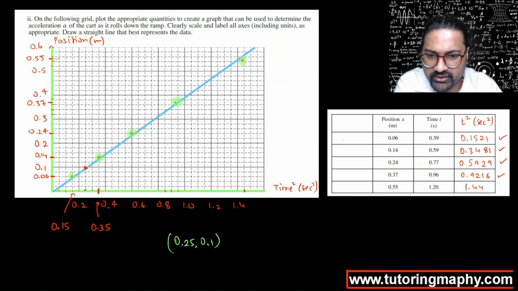And the next point is going to be, let's see, perhaps somewhere over here. This looks like a reasonable point. Yeah, not bad.